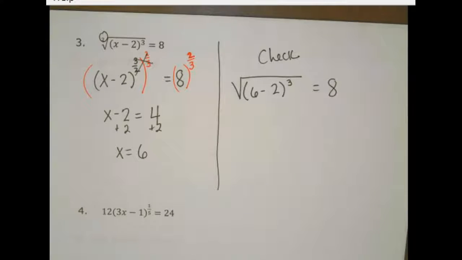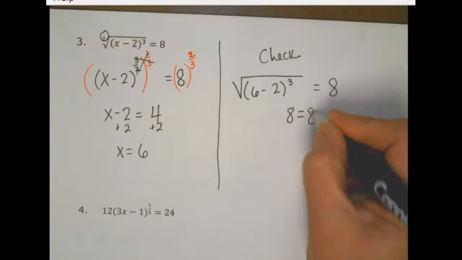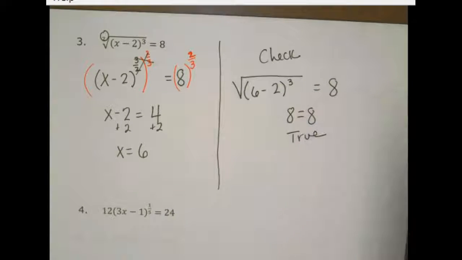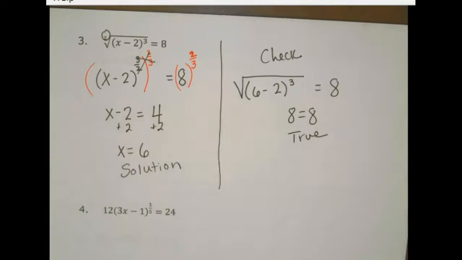You can put the square root in your calculator. That is going to be true. So what does that mean? This is a solution. Do we have any extraneous answers?